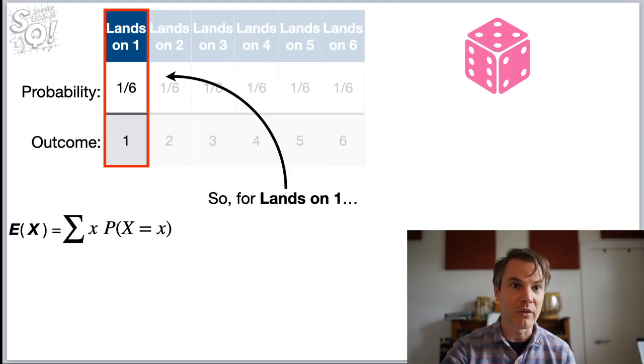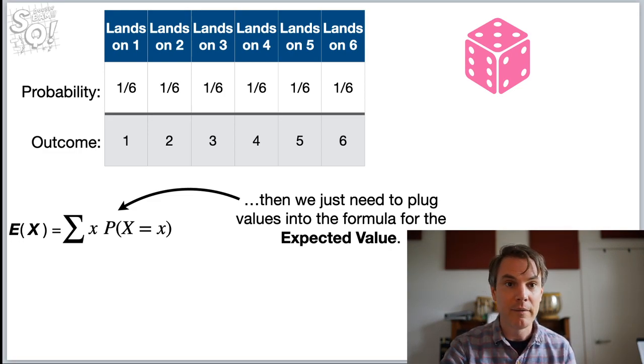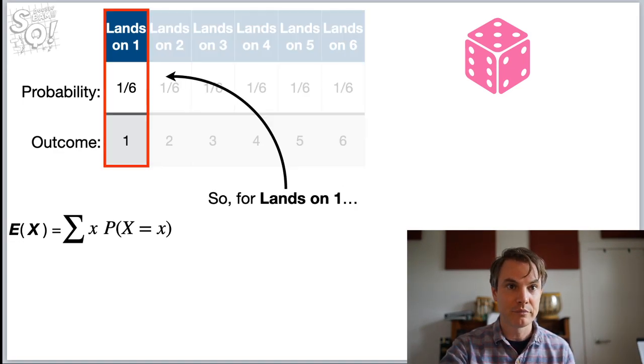And I think I skipped a slide, or it got deleted somehow. But you see that the outcomes are just the number that comes up on top of the die. So if we roll a 1, the outcome is 1. If we roll a 6, the outcome is 6. So those are the outcomes. And we're going to plug the probabilities and the outcomes into this formula for the expected value.